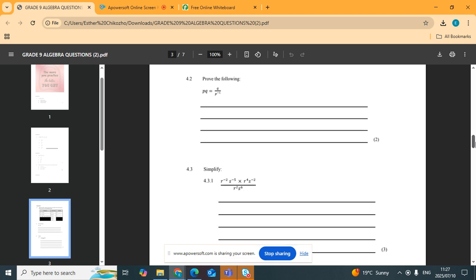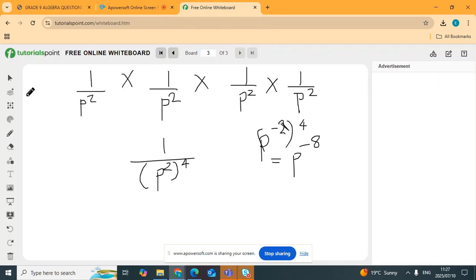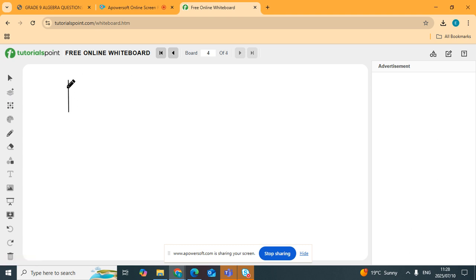Let us go on. Prove the following: PQ is equal to Q over P to the power of minus 1. Now, we're going to start with the most complicated part and try to simplify it to the easier one. So we've got Q over P to the power of minus 1.